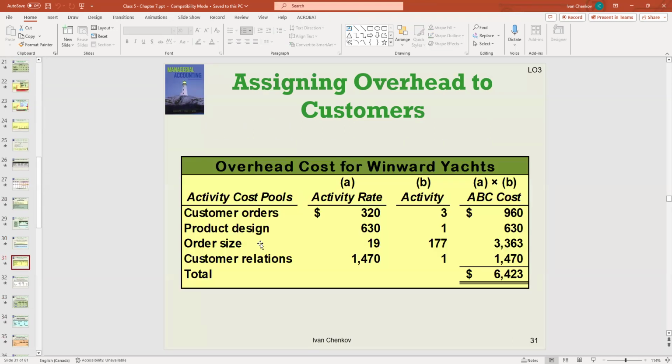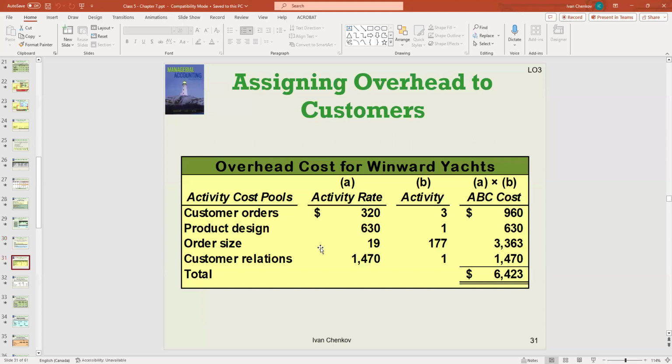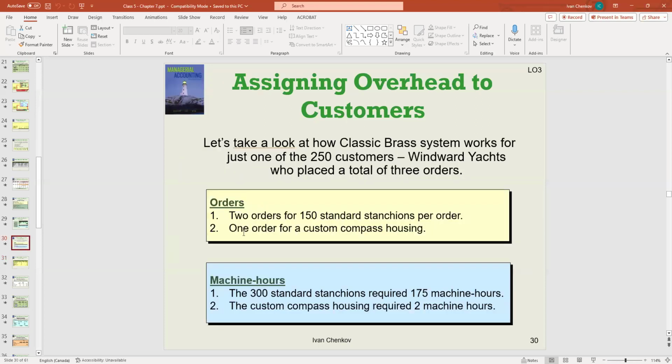So let's see now what will be the cost. First, we have the customer order, 3: 2 standard, and 1 custom compass. That's 3 orders, 320 per order, 960. For the new design, only the custom requires a new design.